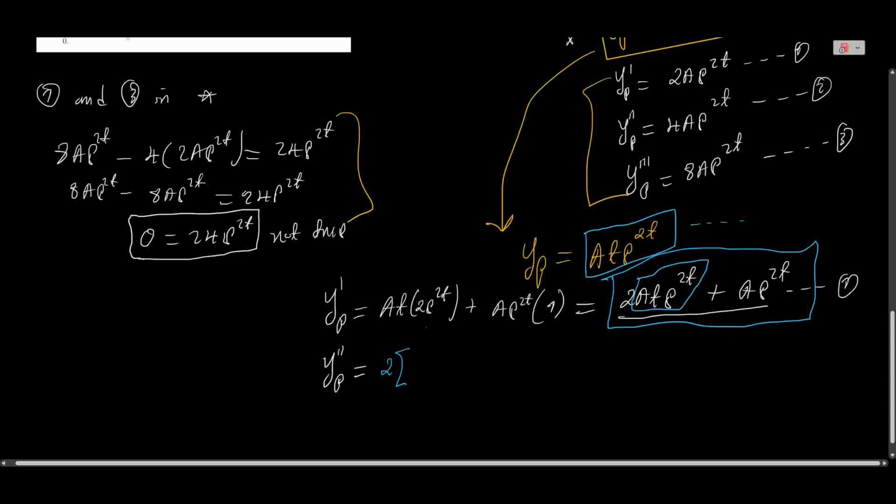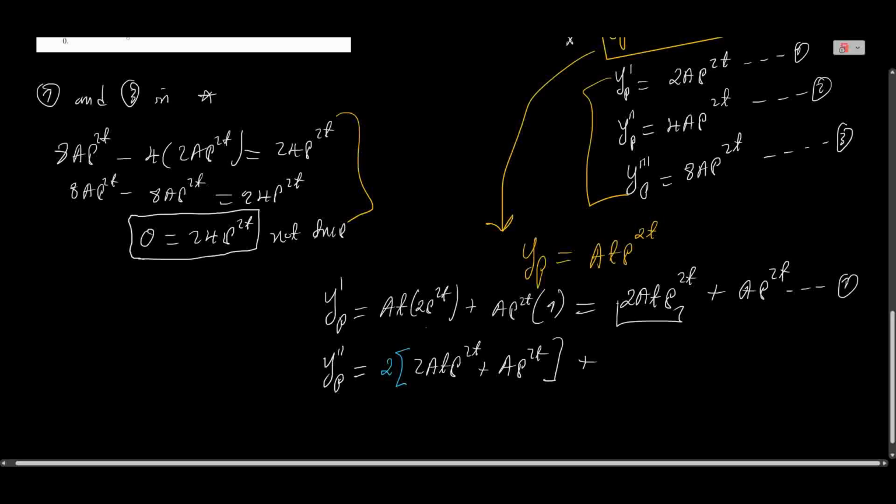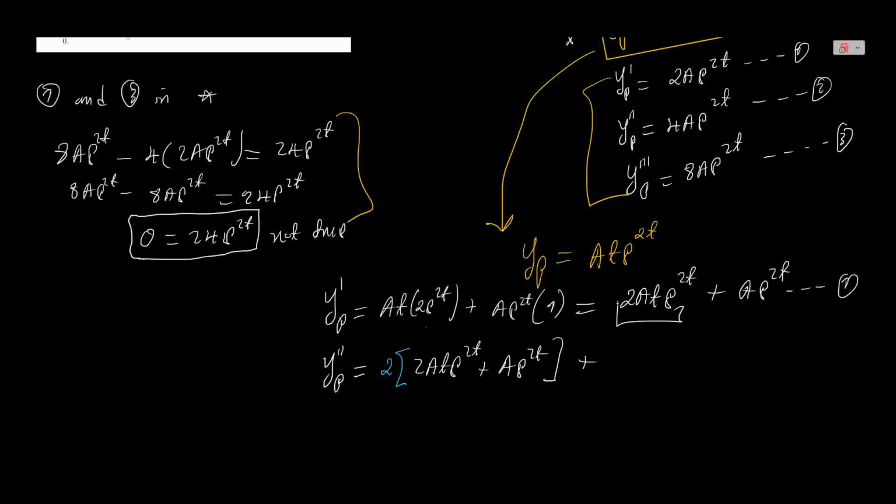So copying it here, I'm going to have 2at e raised to the power 2t plus a e raised to the power 2t plus, again, what we have here we now have to differentiate. We are done differentiating these two. There is a 2 out here. Differentiating a t e raised to the power 2t will give us all of this term.